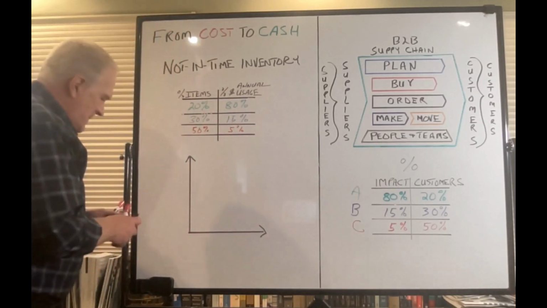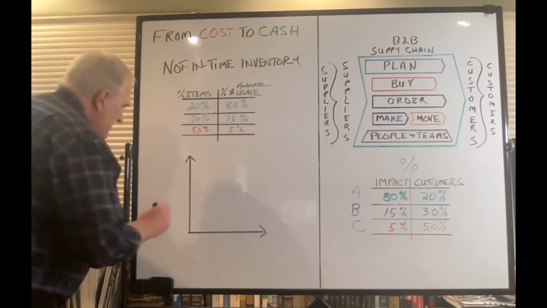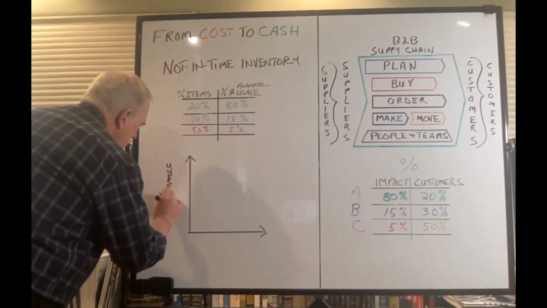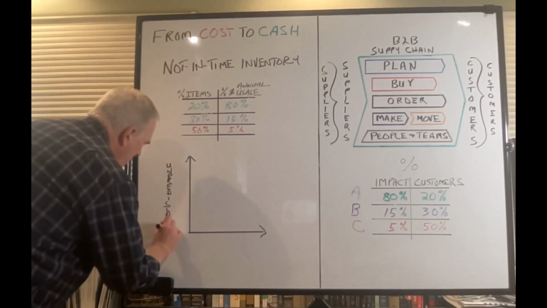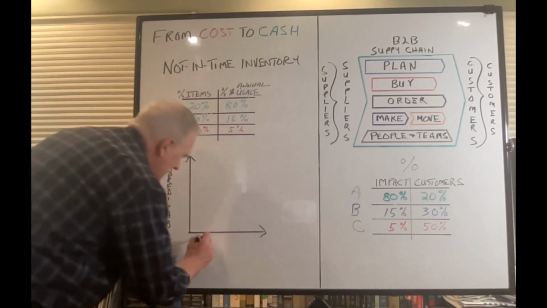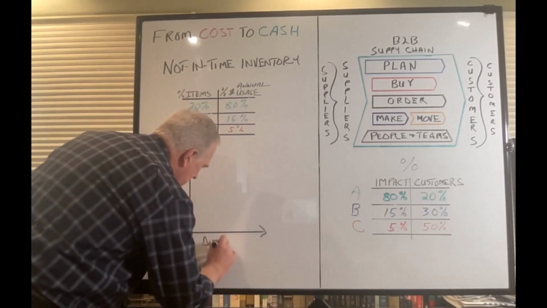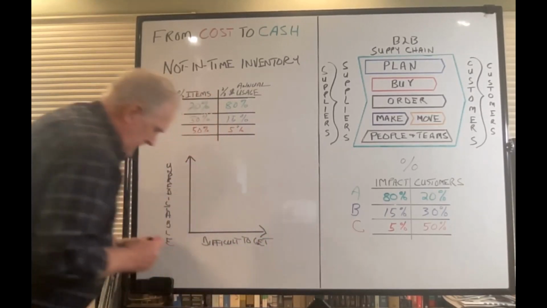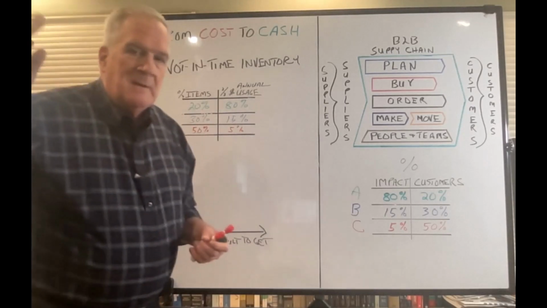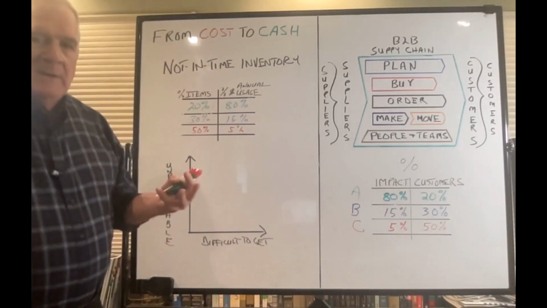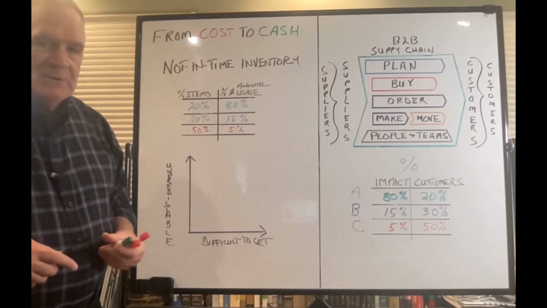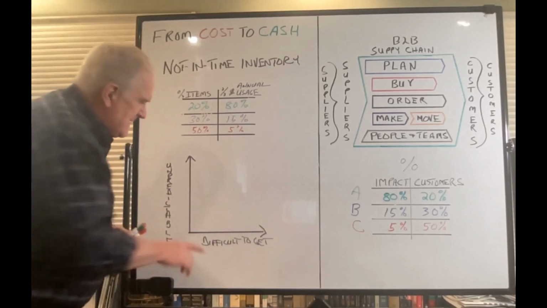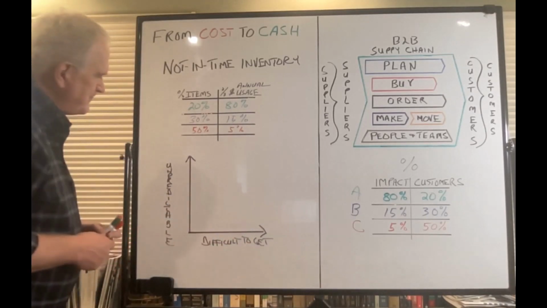And the way we want to look at each segment is in terms of how unpredictable is the demand and how difficult to get is that item, which could be long lead times, uncertainty of supply. It's in a foreign country. We don't have control over the producer enough. It's a commodity item, and other people are competing for that. So those are things that can make items more difficult to get.